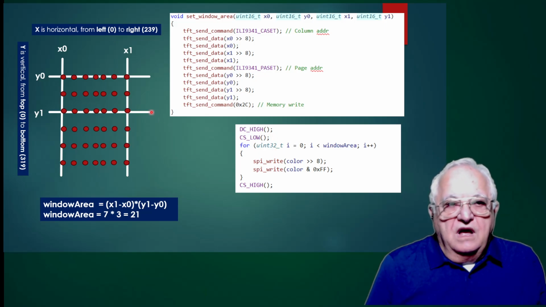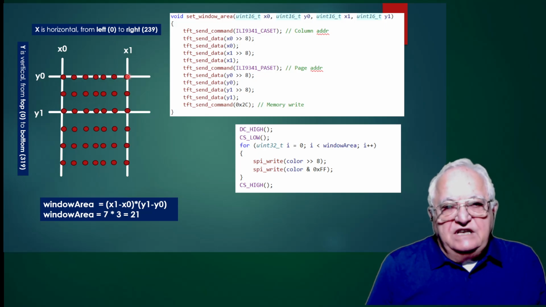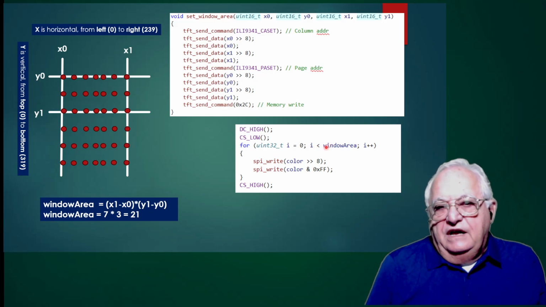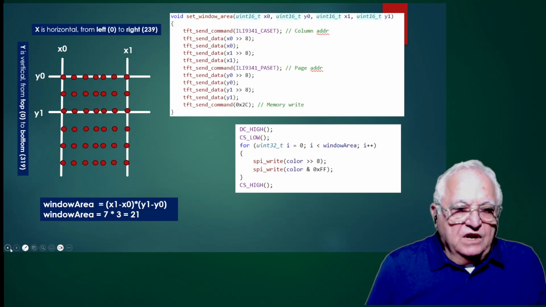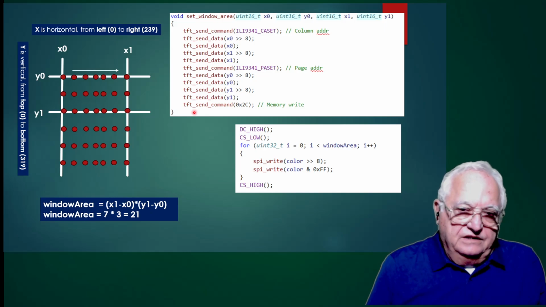So now, let's assume I want to turn on only 6, 7 of these pixels. So what I would do is I equal to 0 and the window area would be 7. So in that case, I would light up only this.